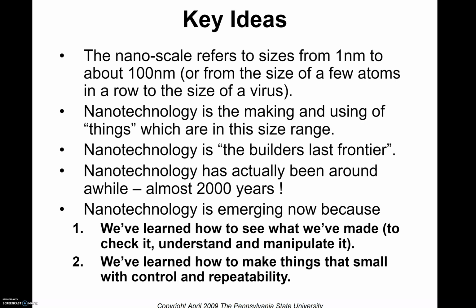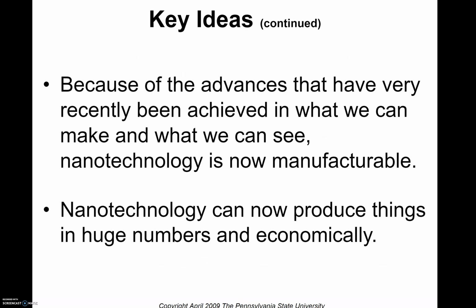Nanotechnology is the builder's last frontier. Nanotechnology has actually been around for almost 2,000 years, and it is emerging now, or I should say in the last 20 years or so, because we've really learned how to manipulate and understand things of that size, and we can control and repeatably do things at that size.